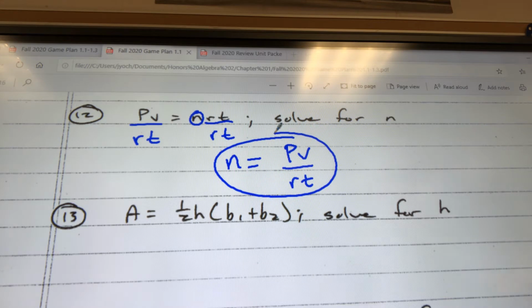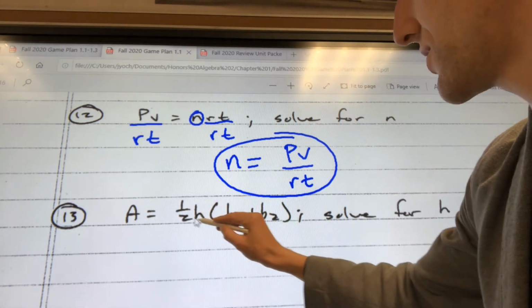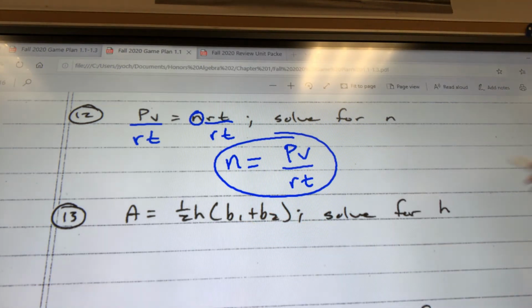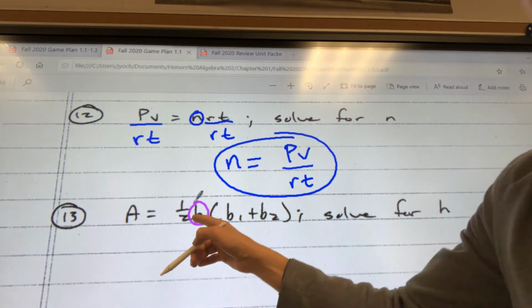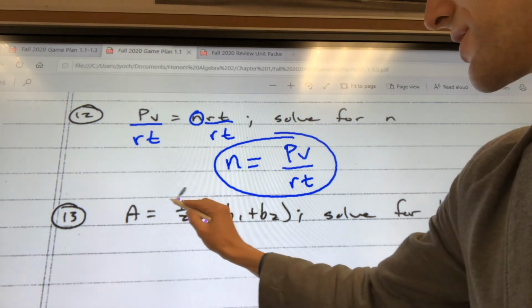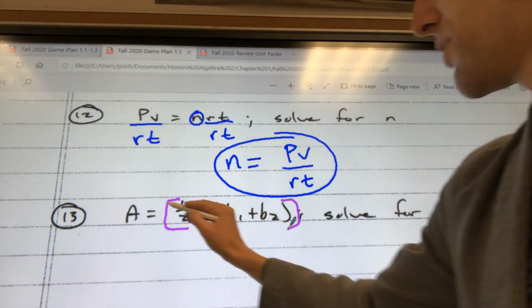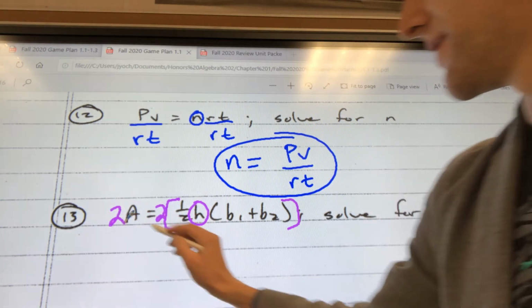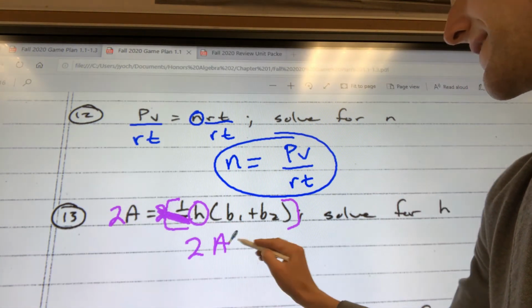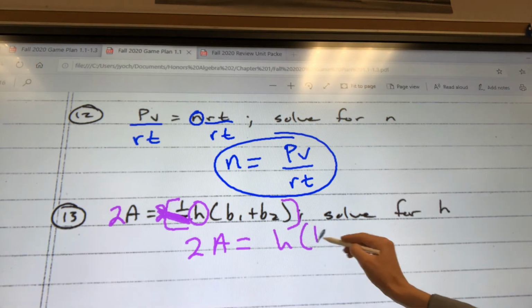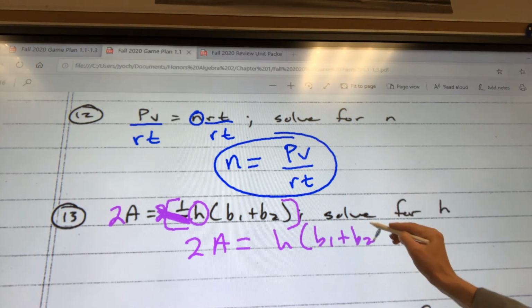13, we have the area of a trapezoid. If I want to solve for h, let's isolate h. H is right there. The first thing, instead of dividing by 1/2, which I technically could, I'm going to do the opposite of dividing by 1/2: multiply both sides by 2. That will cancel that out. So I have 2A is equal to h times base 1 plus base 2.